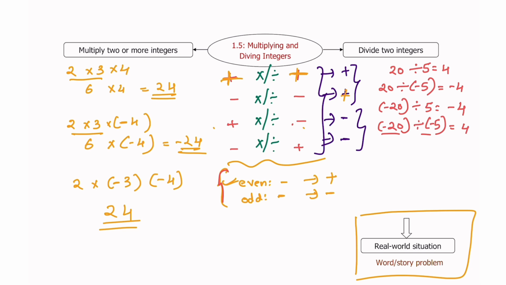But if both are negative, or if it's plus and negative, or just negative, count the number of negative signs that you have. If you have an even number, you put a positive sign, and if you have an odd number of negatives, you put a negative sign. And that's it. This chapter is that simple, and it's done.